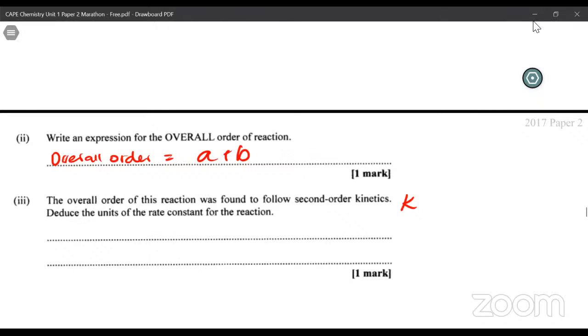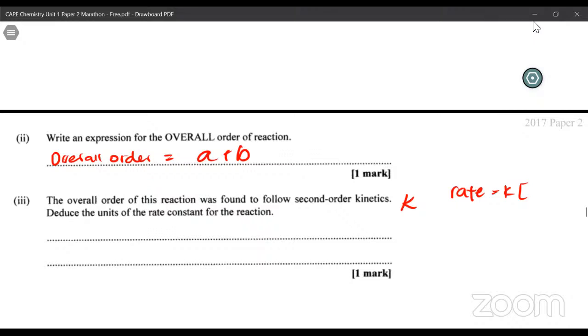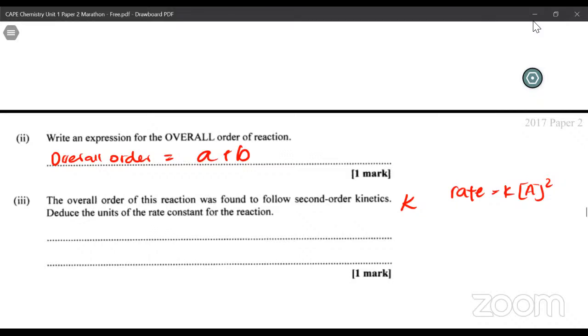For the reaction, you know that your rate law would be rate is equal to K times some reactant, let's say second order. I didn't write the equation up top because I don't have to. I just need something for you to look at. Now, the units for this reactant would turn out to be mole squared per dm to the minus 6.